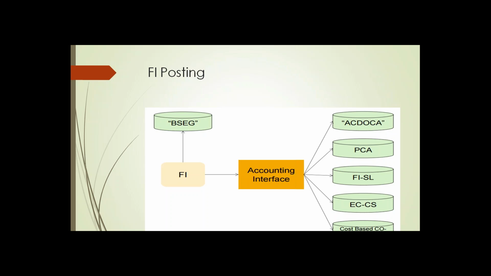So whenever we talk about Simple Finance and COPA in this course, it is only applicable to account-based COPA, because costing-based COPA is untouched. We are not here to understand anything related to costing-based COPA. But how account-based COPA has been improved, what configurations are needed to set up account-based COPA if it is not already activated, and how this data of account-based COPA will be stored in the ACDOCA table.